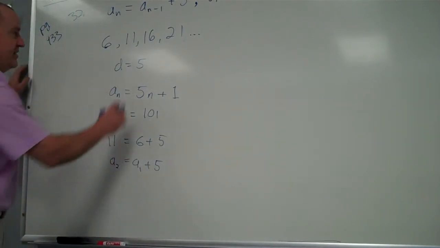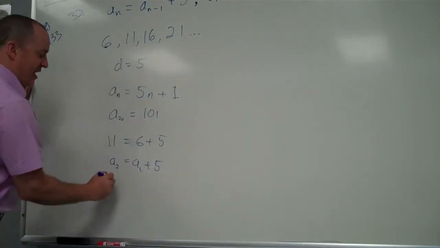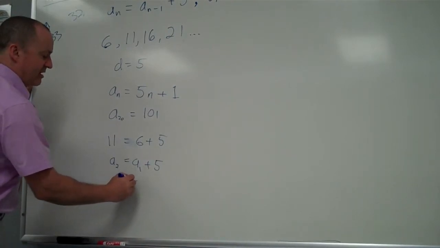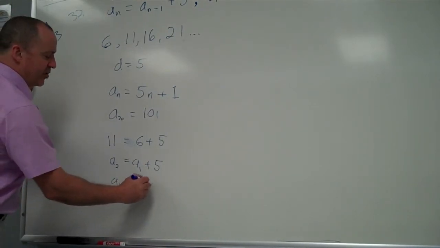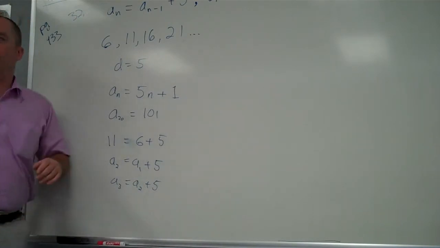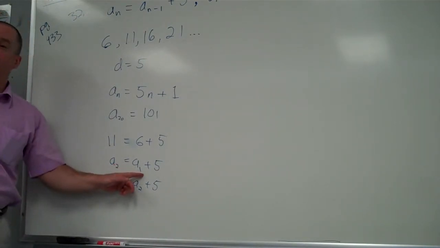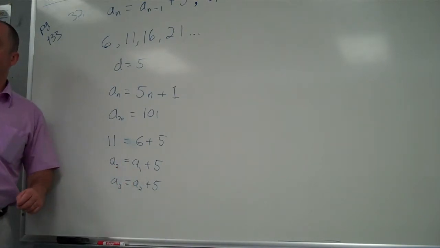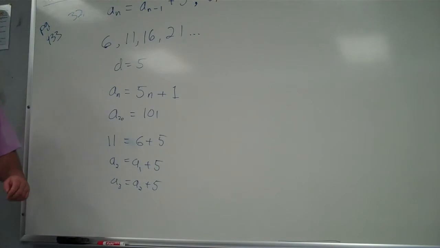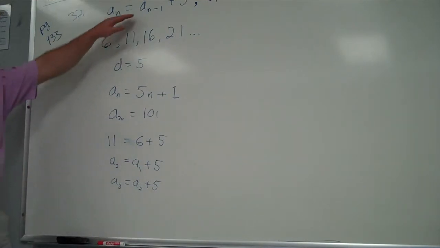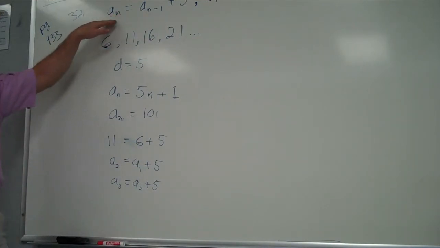I would also say that since 16 equals 11 plus 5, a sub 3 equals a sub 2 plus 5. This is how a recursive formula works. You describe one term in terms of the ones that came before it. Oh, so that's what you mean by a sub n minus 1. Yeah, it's whatever term comes in the series before this one.